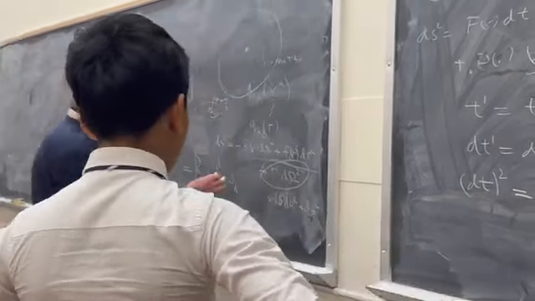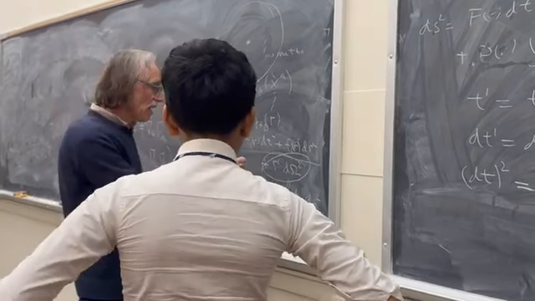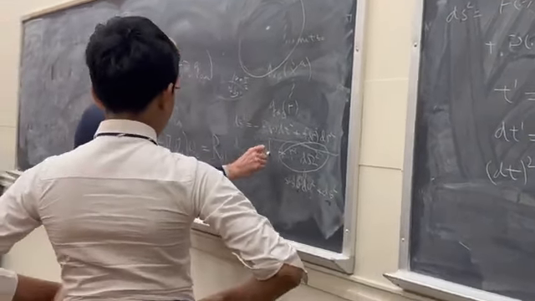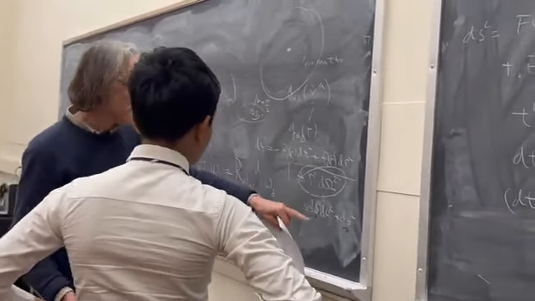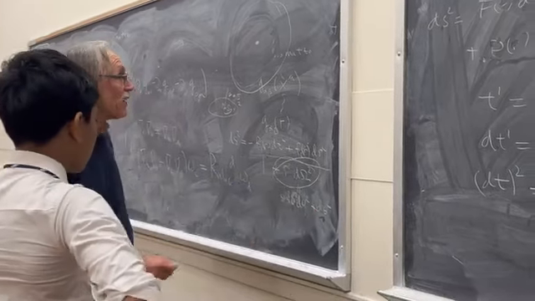And then, because now we know what a metric tensor is: the metric tensor is diagonal because there's d phi squared, d theta squared.